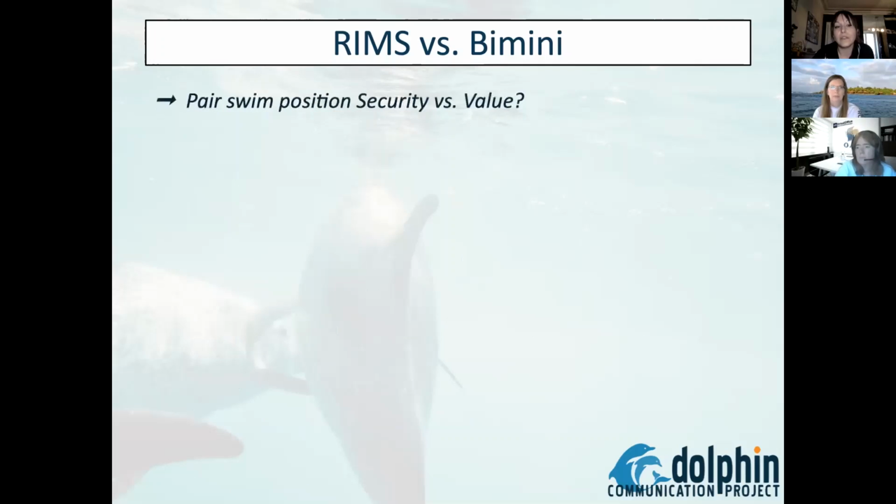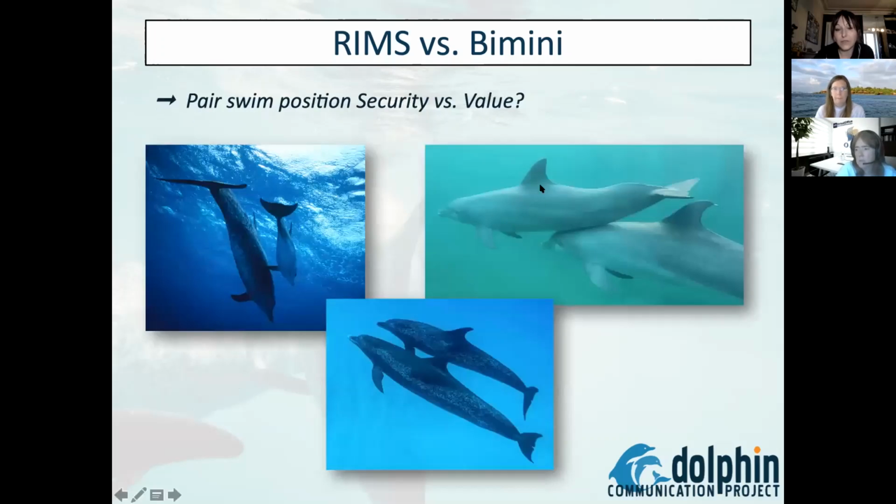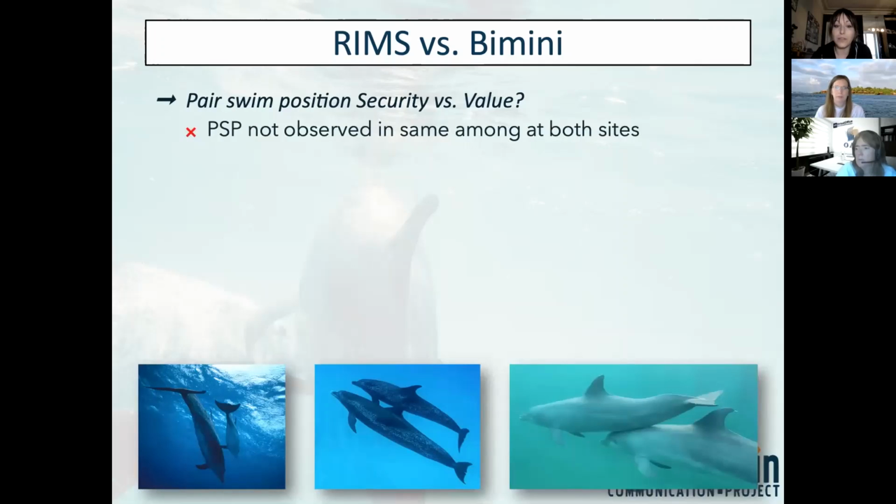And about pair swimming, if we remember what we have in our variables, we actually look at all the different types of pair swimming together: infant position, echelon position, parallel position, and a few others. If we look more closely at our two populations, we see that we do not observe the same type of pair swimming in the same amount at both sites.